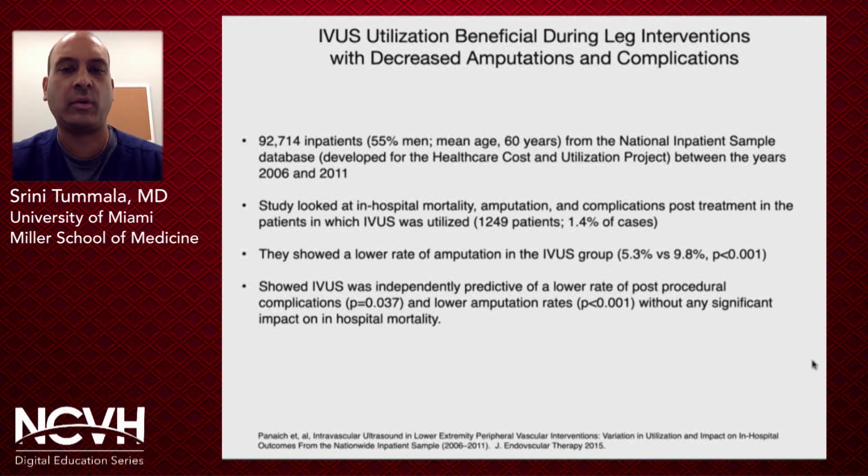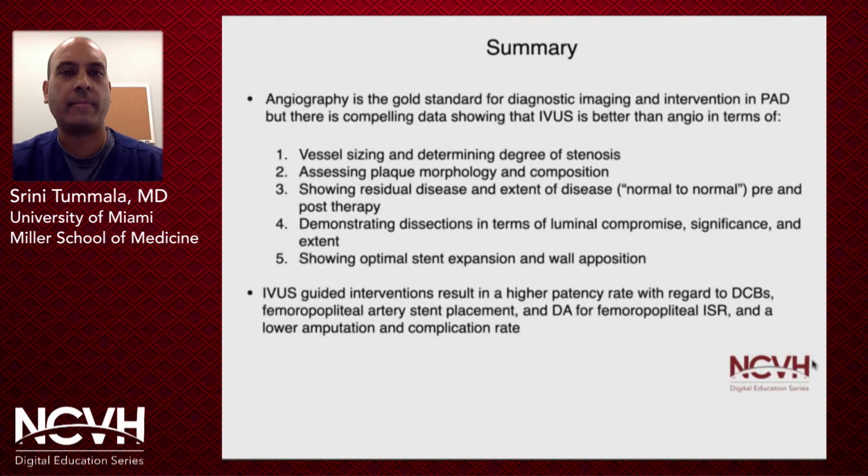So they really studied about 1,200 patients. Their analysis really showed a lower rate of amputation in the IVUS group and showed that really IVUS was independently predictive of a lower rate of post-procedure complications as well as a lower amputation rate without any impact on in-hospital mortality. So again, showing the benefits of using IVUS.